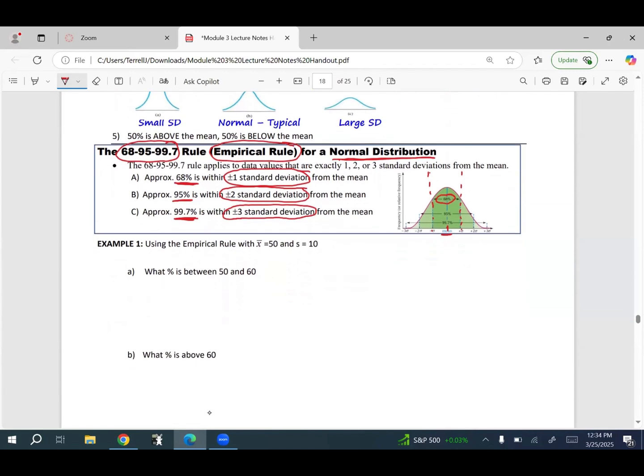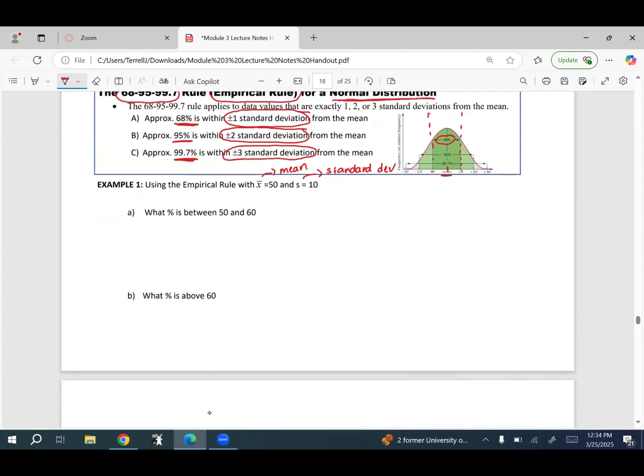So let's take a look at applying the empirical rule. Using the empirical rule, remember, x bar means the mean, and S refers to the standard deviation. If our mean is 50 and the standard deviation is 10, what percent is between 50 and 60?